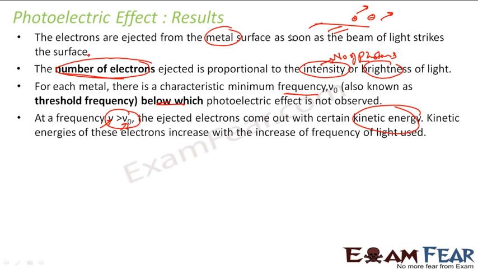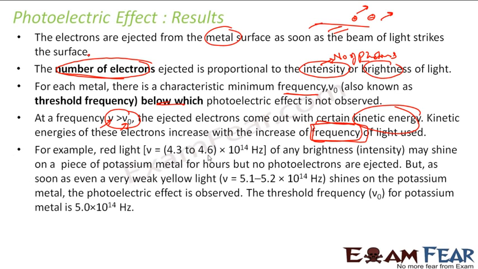The kinetic energy depends on the frequency of light used. Please note, it doesn't depend on the number of photons, the brightness of light. I'll explain why. Just understand this now: the frequency of the light determines the kinetic energy of the electron. It is not the brightness.